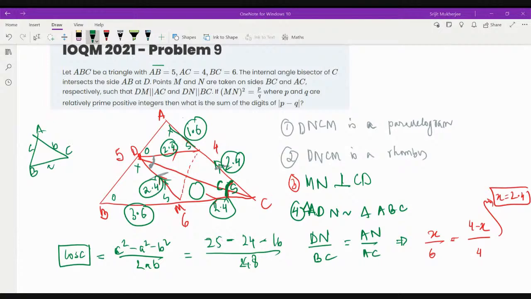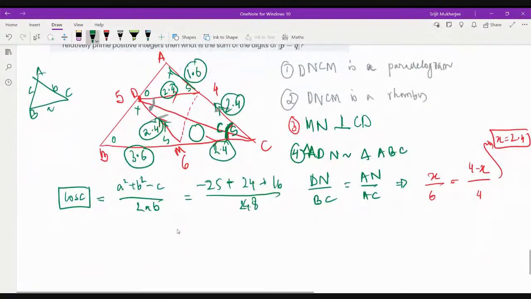I think I did something wrong maybe. Yeah, it will be A square plus B square minus C square. And you will get same as 9 by 16. So you have got cos C.